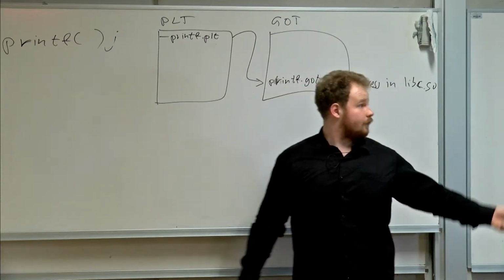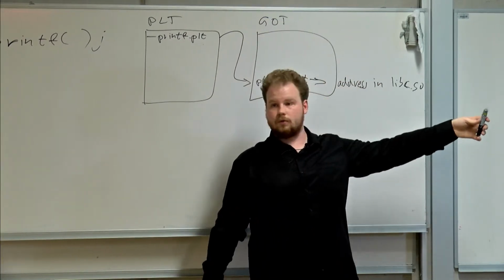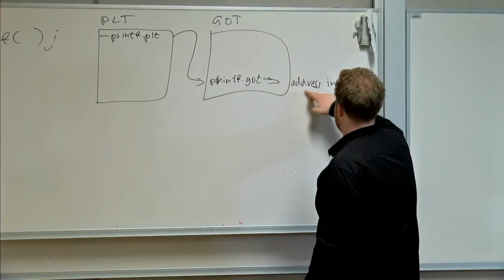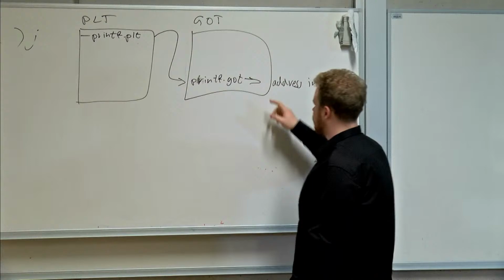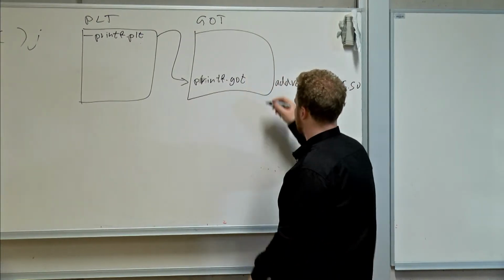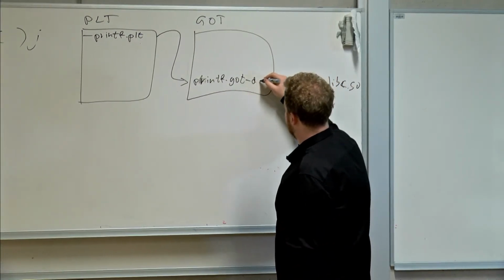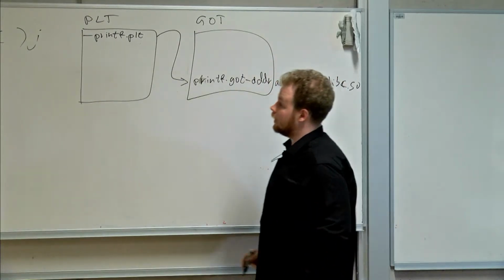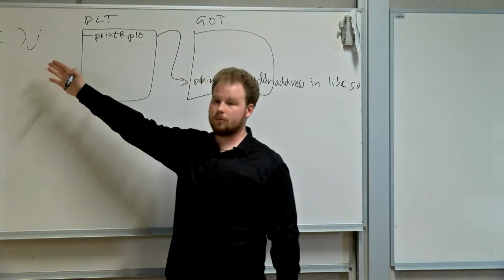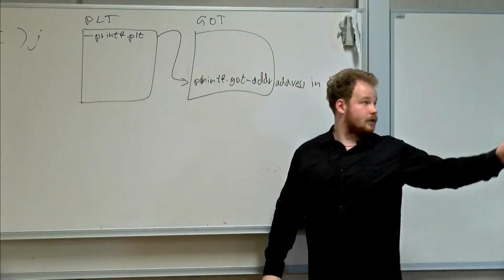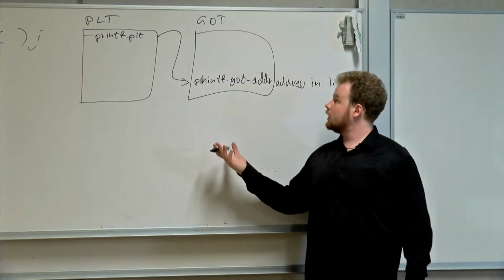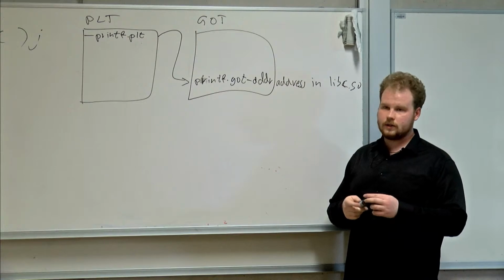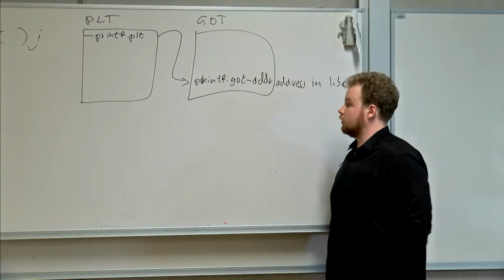After that follows the call to the DL resolve, which is a function that resolves this actual address and then writes it in the global offset table. So on the next calls to printf, the DL resolve is not needed. We can just look up in the global offset table to find the address of our function.